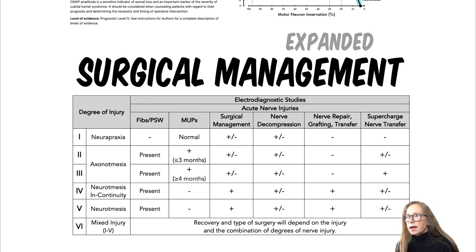So I have that as plus or minus. And then the supercharge is an operation that I have found increasingly helpful in just getting the assurance that on that axonotmetic 3rd degree injury, the variable injury where you don't know if it's going to be good or pretty bad, where it's just edging on that cliff, to help push it back up on that edge.